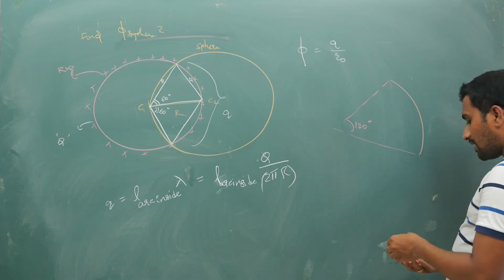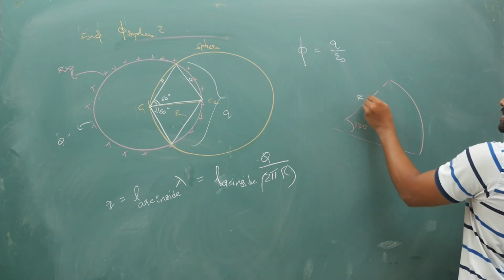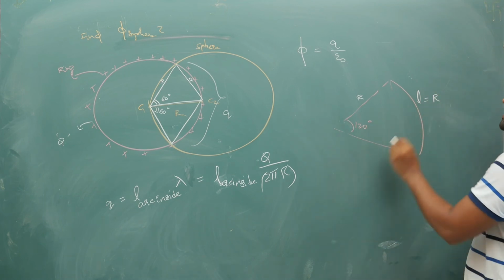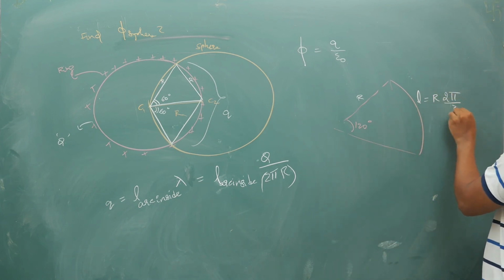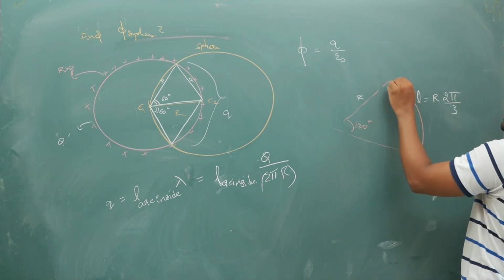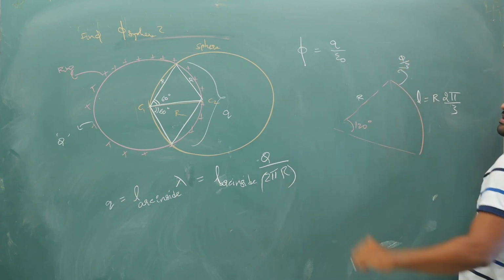The length of arc is r times theta in radians. 120 degrees means it is 2 pi by 3.